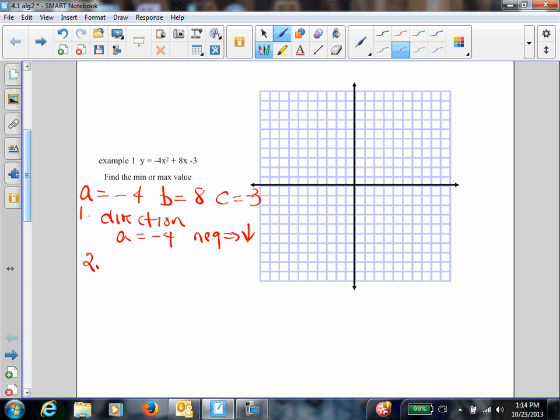The y-intercept is when x is 0, so y is going to equal -4 times 0 plus 8 times 0 minus 3. Well, these drop out, and so y equals -3, so our point is 0, -3. Well, that's how we define the y-intercept.